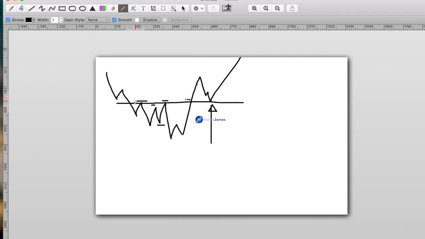Besides these sellers, there are the bulls who are trying to join in this move. Nobody's buying over here, trust me, because they're afraid. But once they see this up move, they realize the market is indeed going to the upside. So this is a level where there's a confluence of previous sellers turning into buyers and new buyers jumping in, not wanting to miss out on the next move.